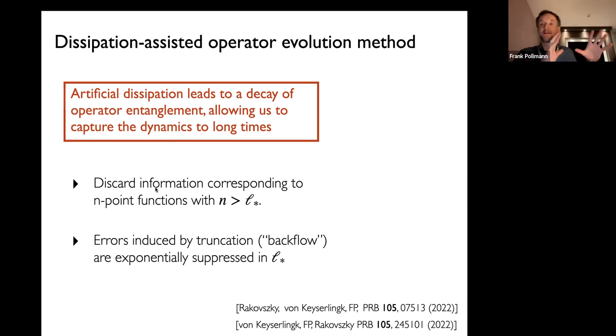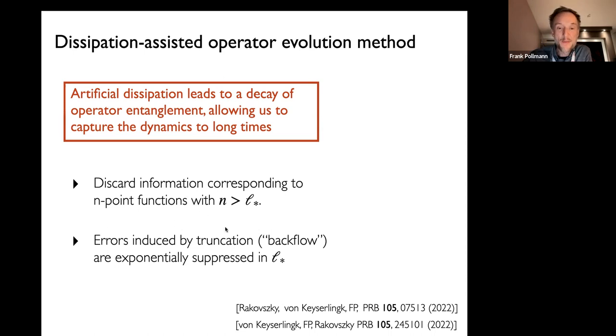We are not doing a physical system in the Schrödinger picture where we just couple it to a bath, but we are having super operators evolving operators that have some dissipation, and the way that we want to add dissipation is that we discard information corresponding to complicated endpoint functions, which we believe eventually won't play a big role.